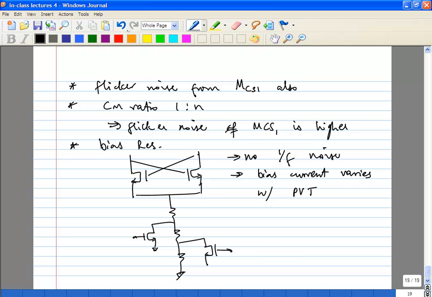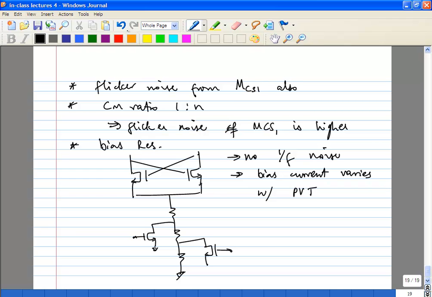Remember that the bias point of the output, let's say in the case of an NMOS transistor, is VDD, right? So you have VDD minus VGS coming across the resistor. That's what you're using to set up the current. The other problem: let's say the ground is shared between this circuit and some other circuit. You could have some kind of disturbance on the ground, and that will get translated through the resistors into the current.